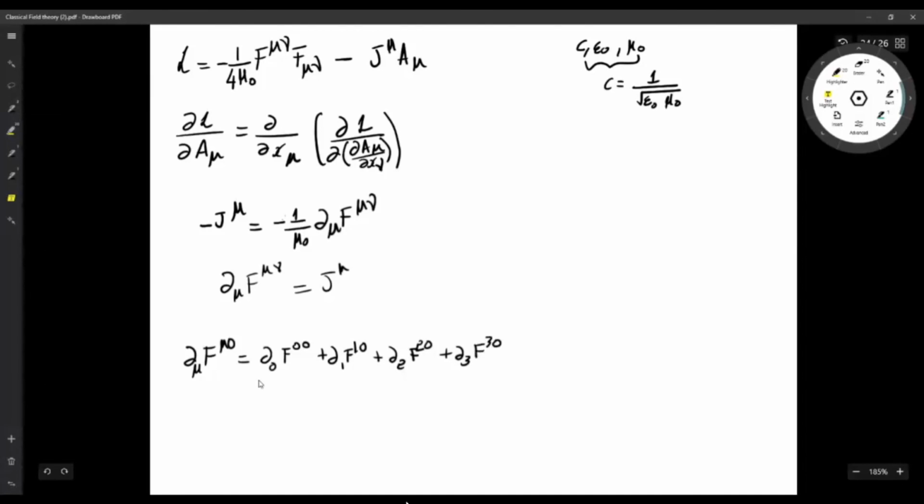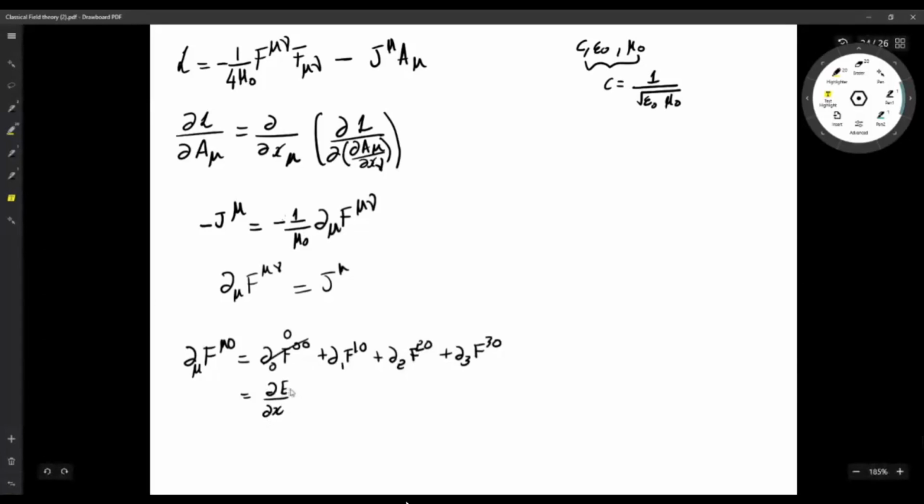Now, if you recall from the definition of the Faraday tensor, the first term goes to 0. However, these terms survive, and the first derivatives are ∂/∂x, ∂/∂y, ∂/∂z. And if you refer to the Faraday tensor again, you will see that the F's here are just components of the electric field. So I'll get something like this.